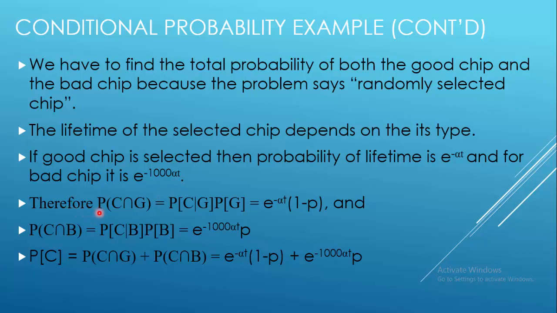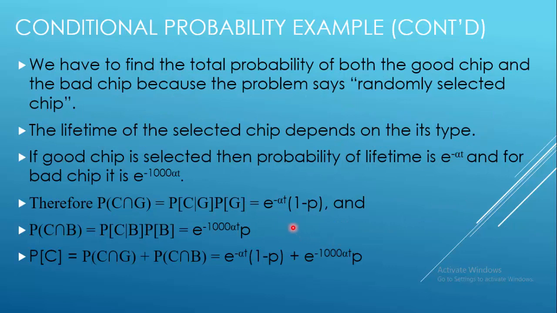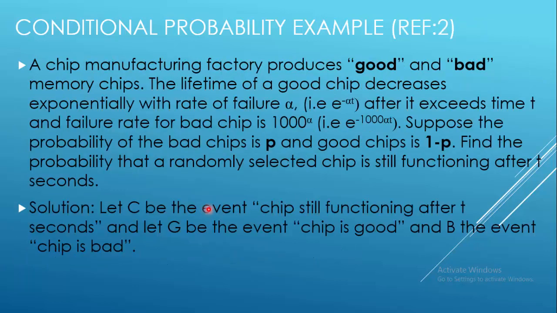So therefore probability of C intersection G, the chip is still functioning after t seconds and the chip is good as well, is probability of C given that good chip was selected multiplied by probability of G. We know that probability of C given G is given in the question, that it is e minus alpha t.